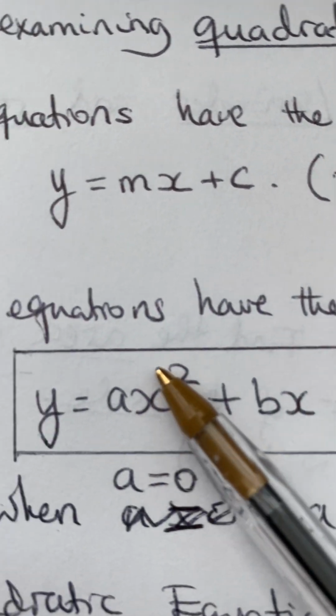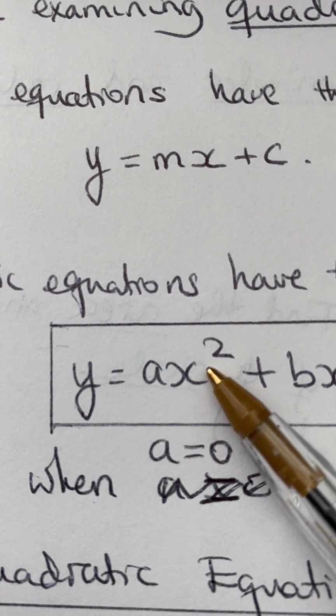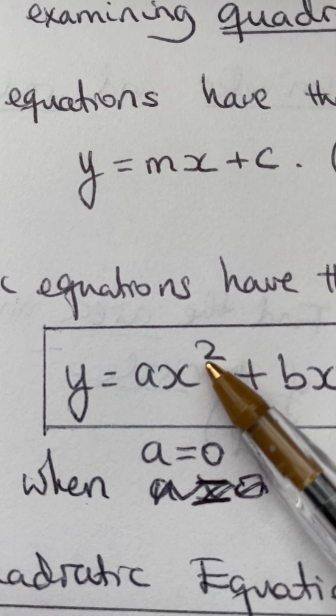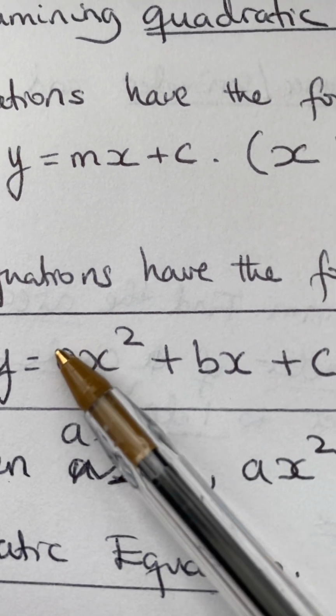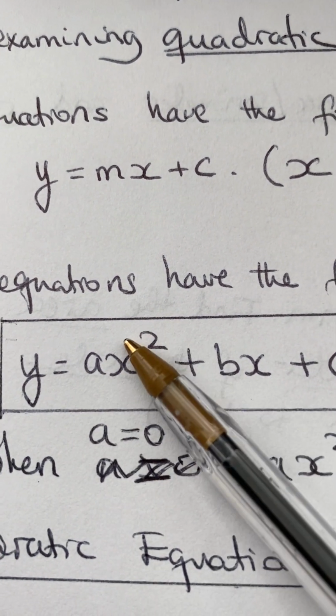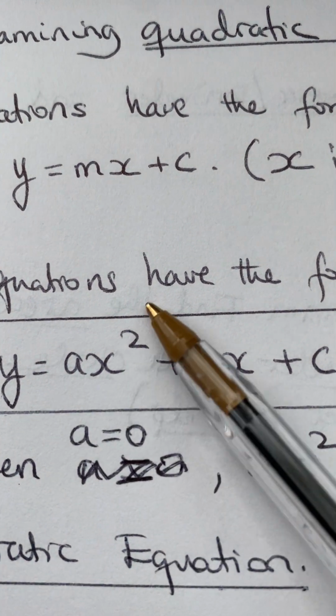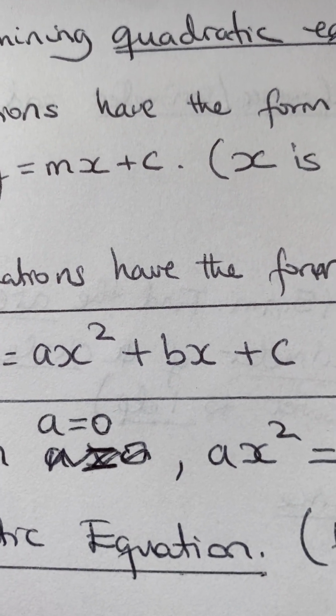Now with a quadratic graph, the x becomes x squared. That is the difference. A is never equal to 0, because if a equals 0, this part becomes 0 and then you have a linear graph again.